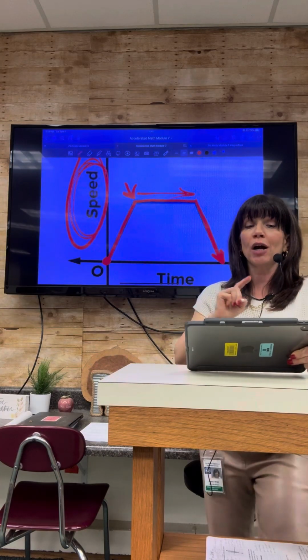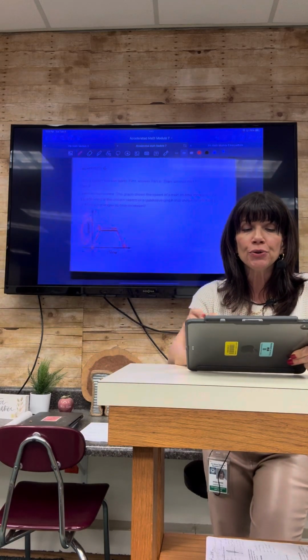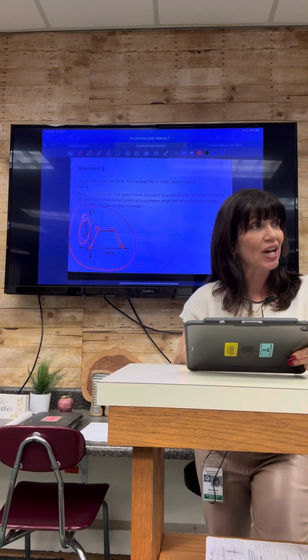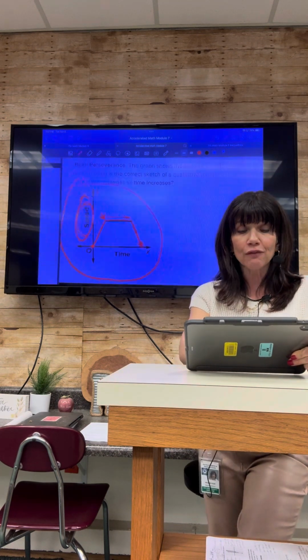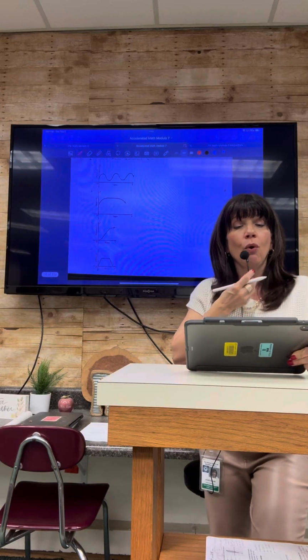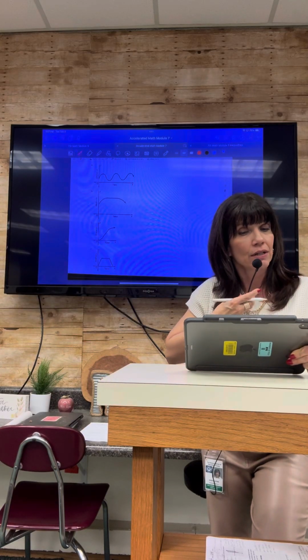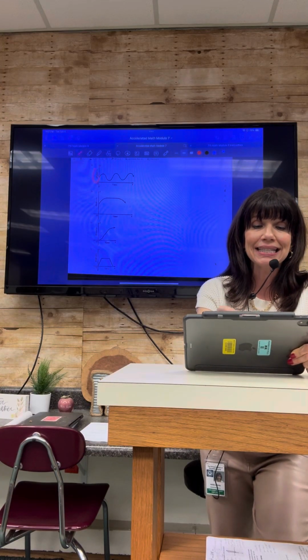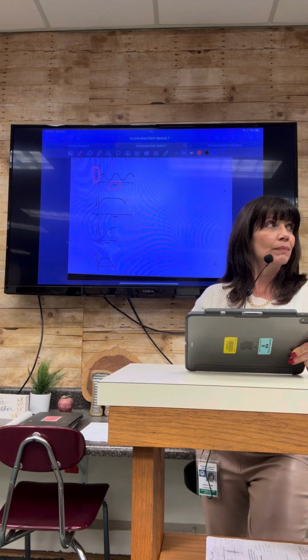Now, here's the tricky part about number 6. They use this as part of the word problem that you should study, and then use this information to determine which of these graphs correctly shows the relationship this time between distance and time.